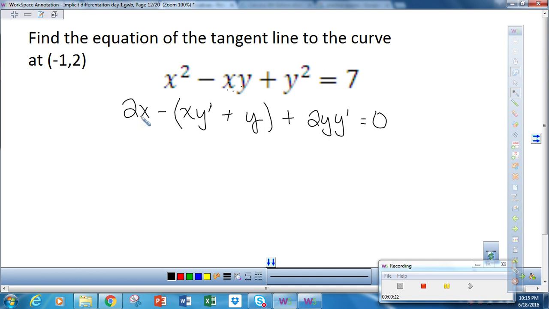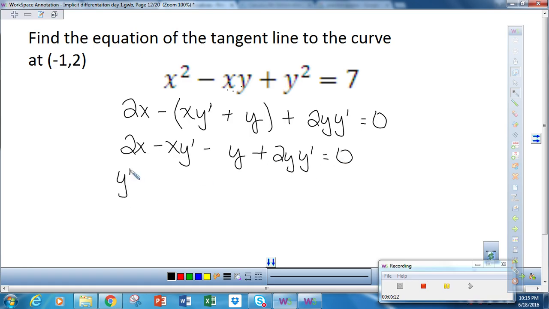Okay? So I'm going to go ahead and distribute this y prime. So I get 2x minus xy prime minus y plus 2y, y prime equals 0. I'm going to factor out a y prime from all the y primes and move everything to the other side. And I'm going to do all that in one step because, once again, it's getting late and I'm tired.